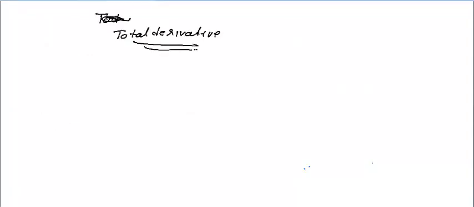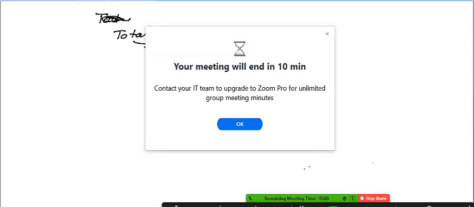Student, it is a similar kind of situation. Here total derivative, this is also very important. Let us suppose z is a function of x and y.